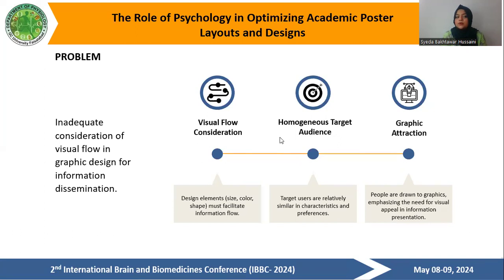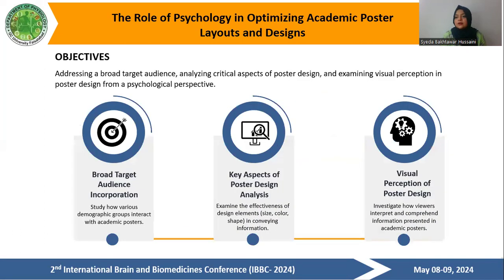All these problems are addressed in our research, and to solve them, we have to achieve these objectives. The first objective is broad target audience incorporation, which means studying how various demographic groups interact with academic posters. The second is the key aspects of poster design.